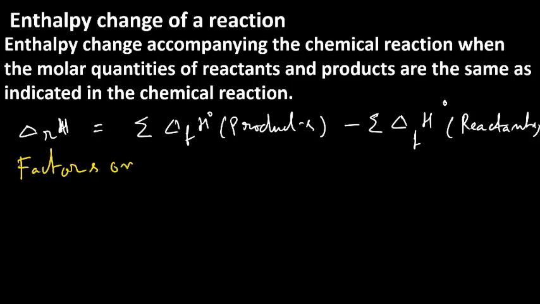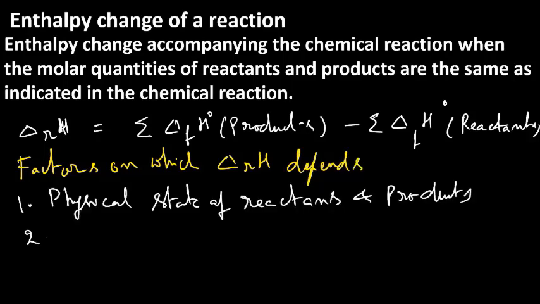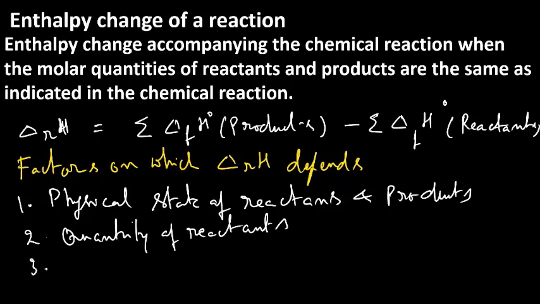The enthalpy change of a reaction depends on different factors. Number one, the physical state of the reactants and the products. Second, the quantity of reactants. If the quantity is more, the enthalpy change is more, and if the quantity is less, the enthalpy change is less. Next is allotropic modifications.